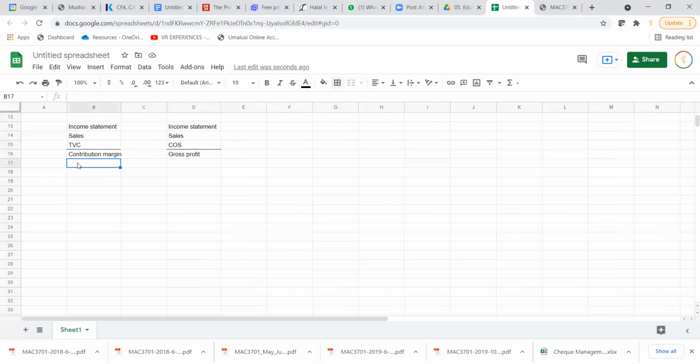Below contribution margin, remember, like I told you, in the variable costing system the distinction is between variable and fixed costs. So over here, we can have total fixed costs. Total fixed costs is made up of fixed manufacturing overheads as well as fixed non-manufacturing overheads.